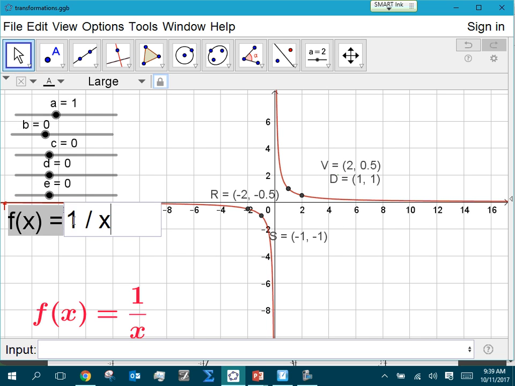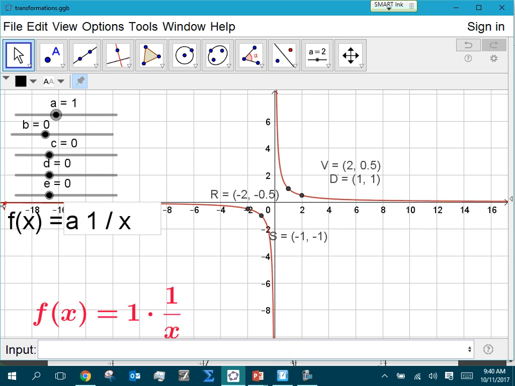But if I multiply 1 over x out in front by some a value, and I start changing that a value, look at those ordered pairs. We got a negative 1/2, a negative 1, a 1, and a 1/2 for my y values.